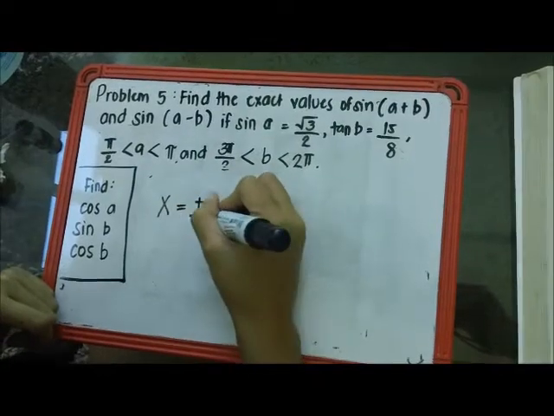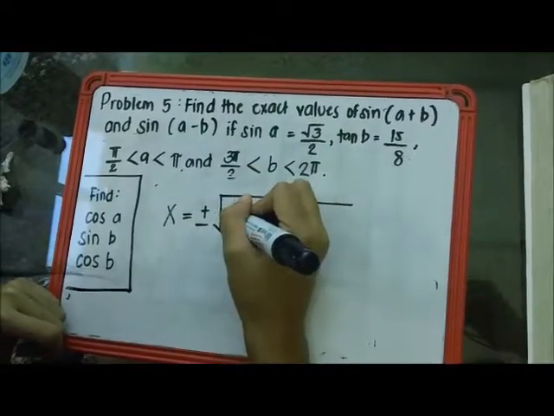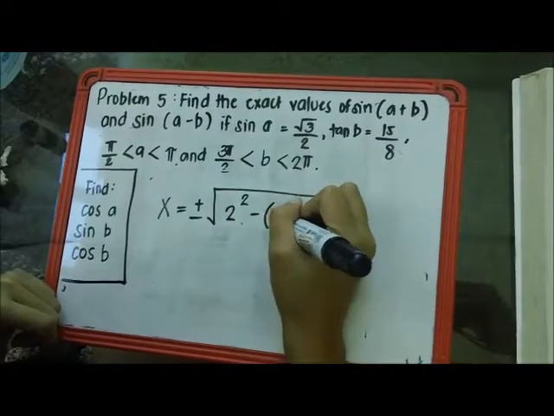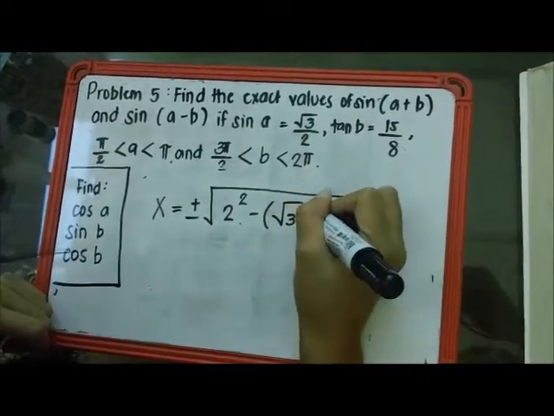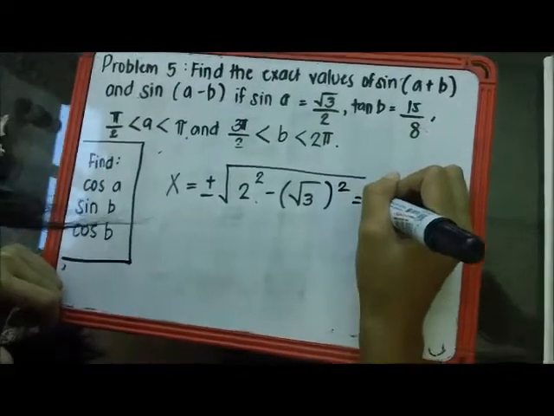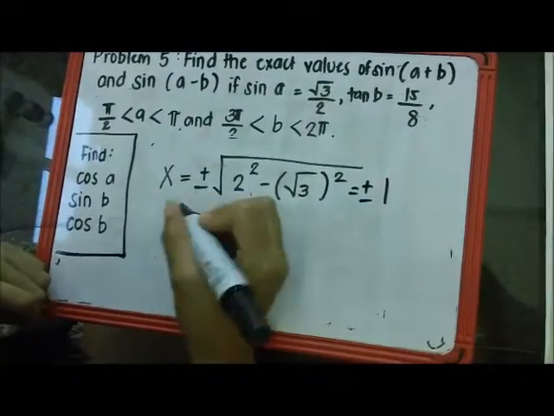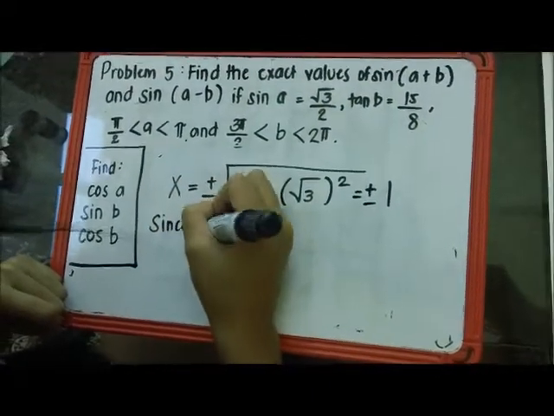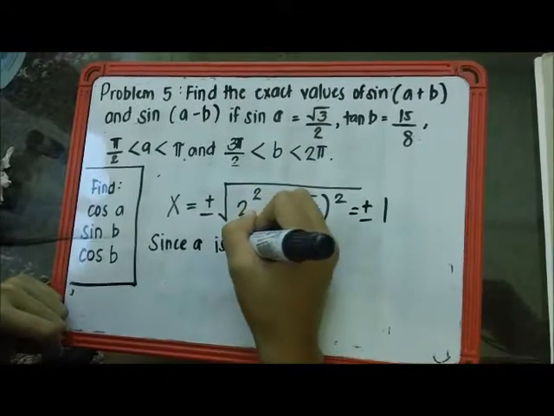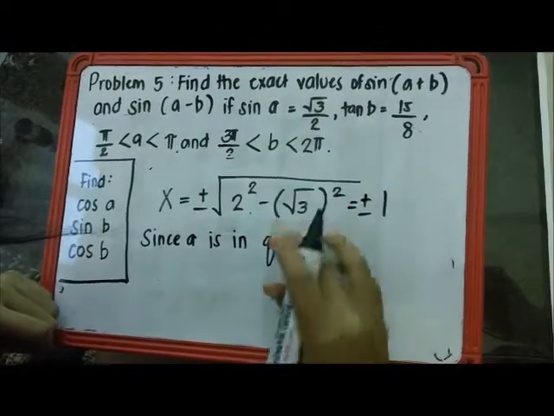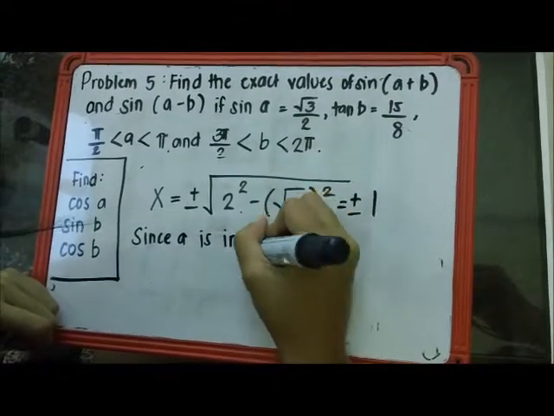So x is equal to positive negative square root of 2 squared minus square root of 3 squared, which is equal to positive negative 1. Since A is in the second quadrant, x is equal to negative 1, thus cosine A is equal to negative 1 half.